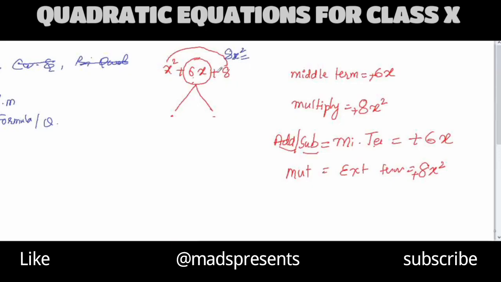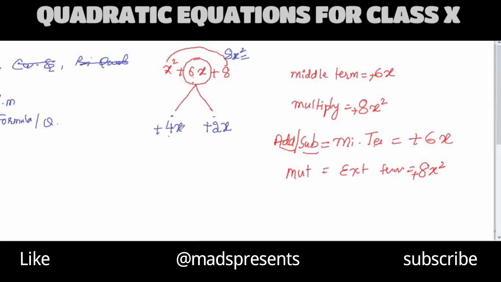If we can split 6x so that multiplying those two numbers matches our 8x square, this is the most important step in splitting the middle term. So it is very clear that 6x can be written as plus 4x and plus 2x. If you observe, plus 4x and plus 2x will be plus 6x.